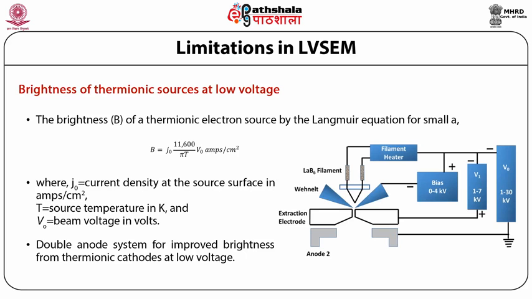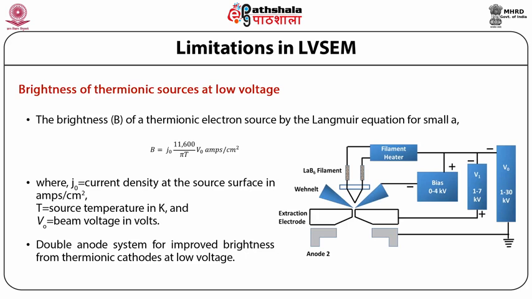At low beam voltage V0, this electrode runs a few kilovolt above the ground to produce a higher constant voltage V1 and reduces the effects of space charge.